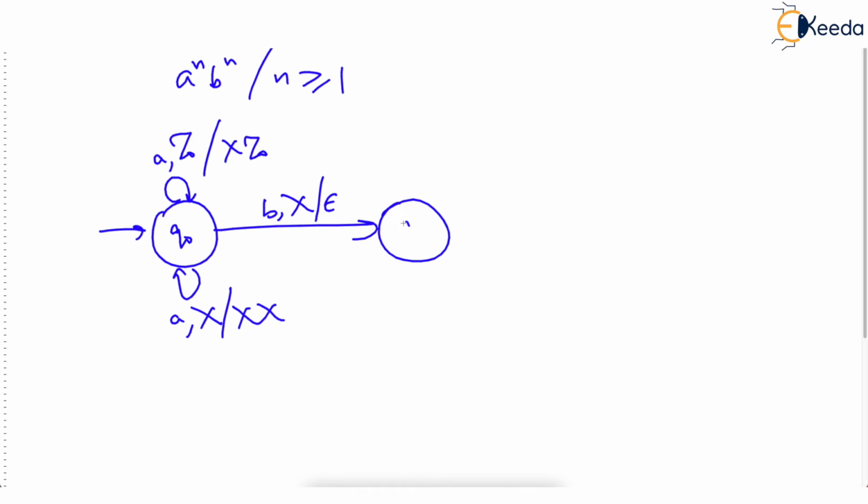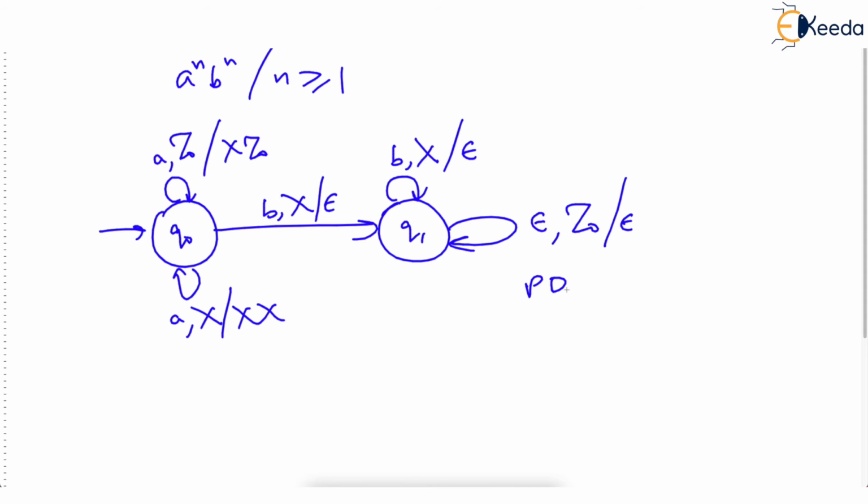In Q1, we loop around. For any b, the top should be X, and we pop. And for empty, that is the end of the string, if the top is Z0 only, then we pop that. This is PDA by empty store. This does not have any final state, but still it is equivalent to the PDA that we had drawn earlier.